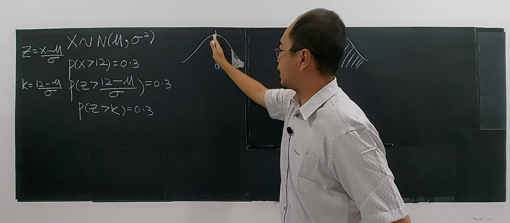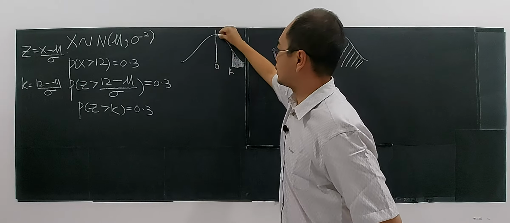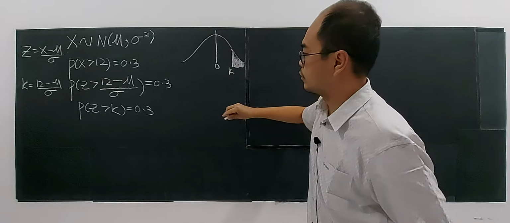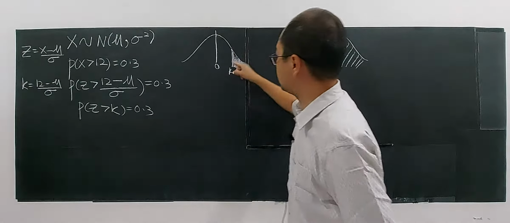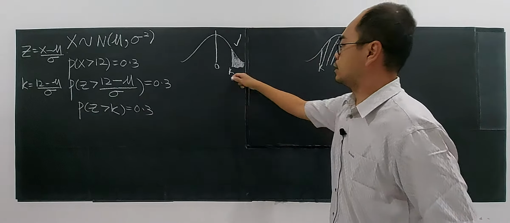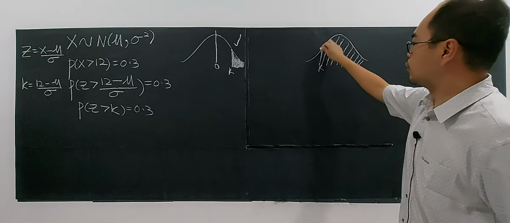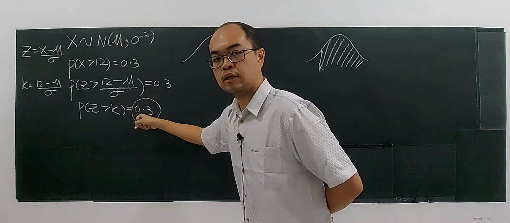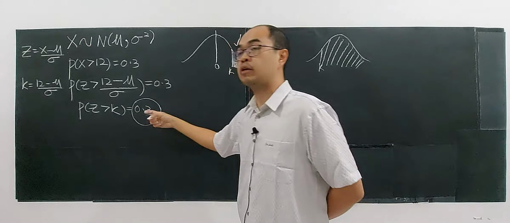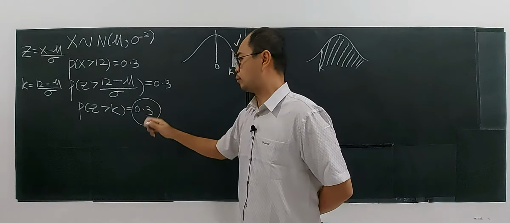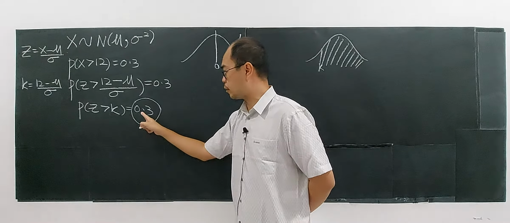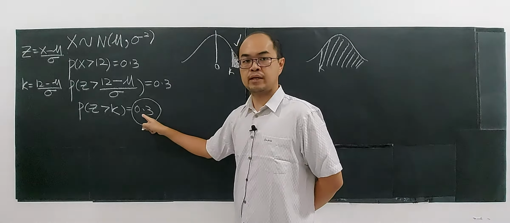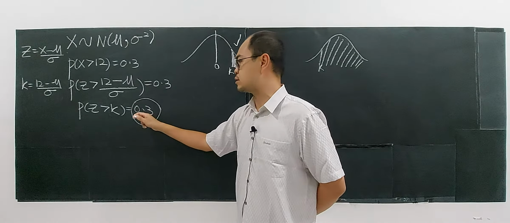Half of the area, this area here, everything I shade here, is 0.5, but this is just 0.3. Definitely the k will not be here. The k will be here if the area is more than 0.5, for example 0.6, 0.51, 0.9, 0.8, any number more than 0.5.